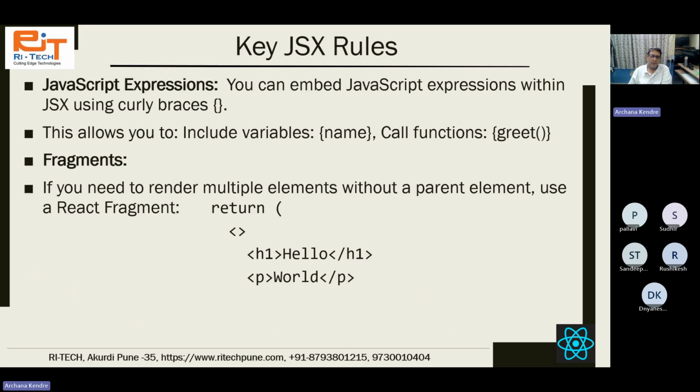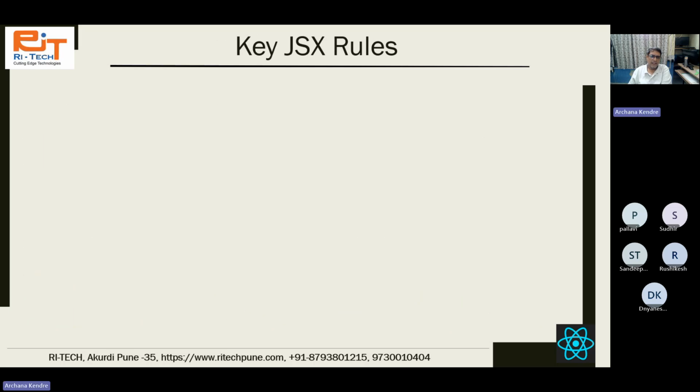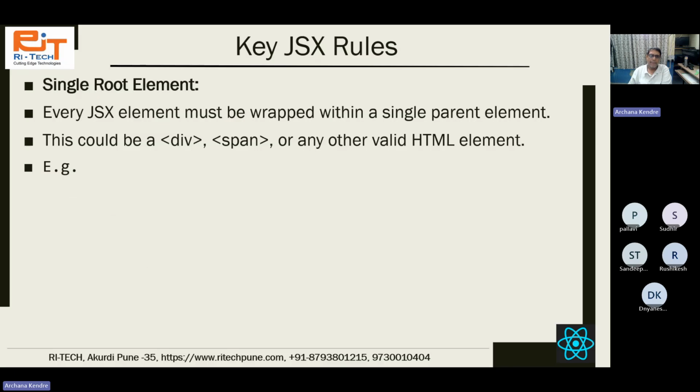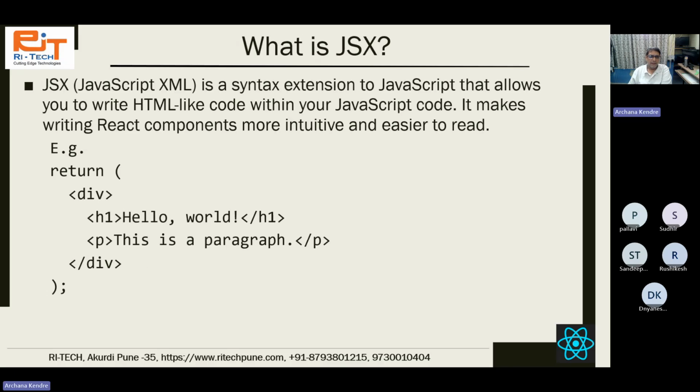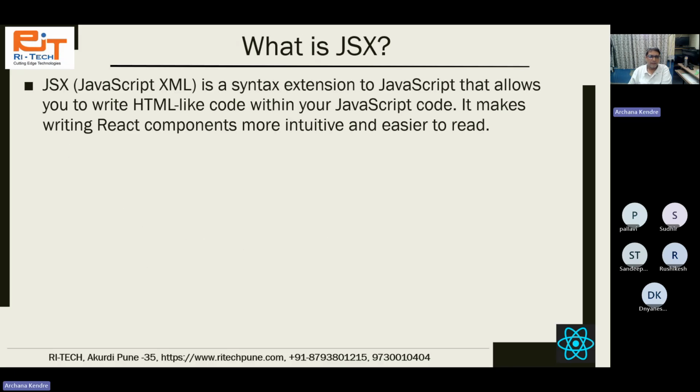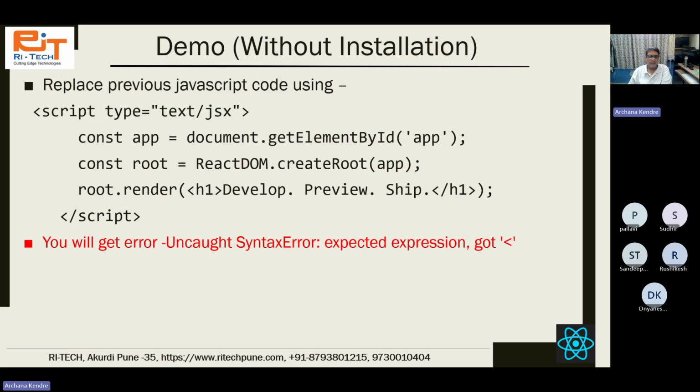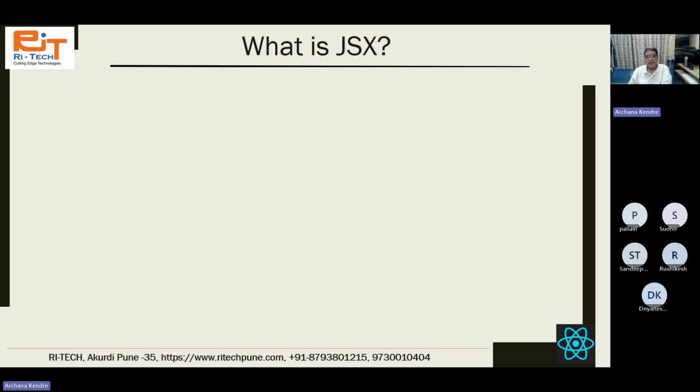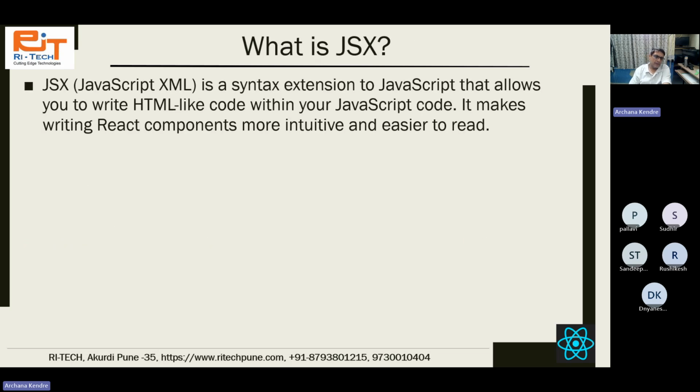Now let's learn what is JSX. JSX क्या है उसको थोड़ा सा हम देखते हैं. Then we'll create a React application by installation. So what is JSX? JSX stands for JavaScript XML. It is a syntax extension to JavaScript that allows you to write HTML-like code within your JavaScript code.